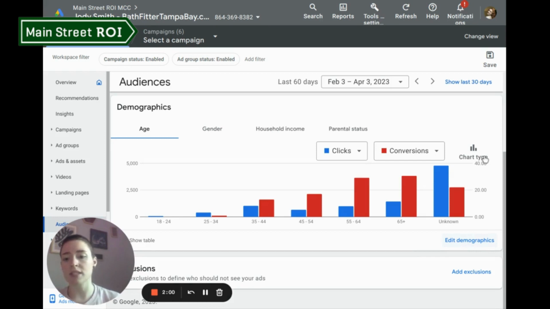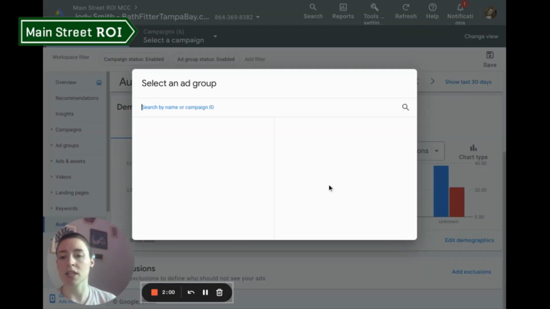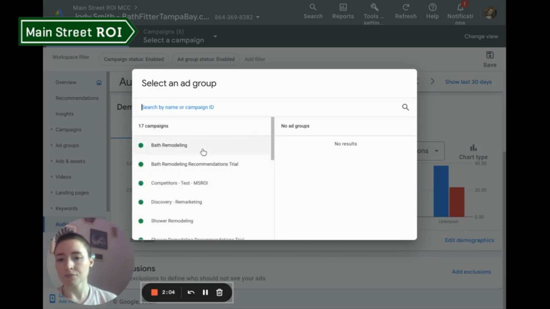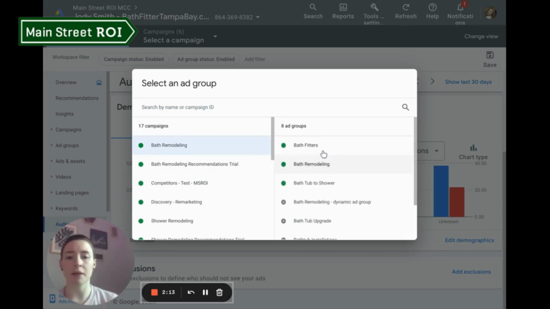So the easiest way to edit these demographics is just to come to the Edit Demographics button. You're going to select your campaign and then whichever ad group you're going to be working in at the time.